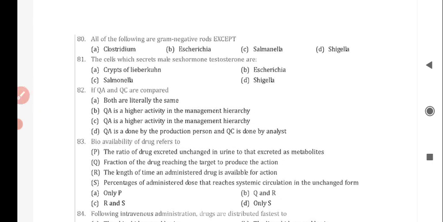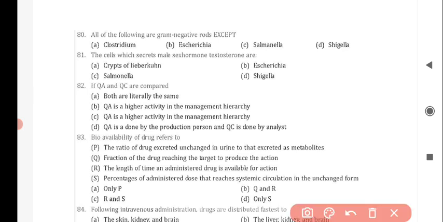Next question is, all of the following are gram-negative rods except, and the correct answer is option A, Clostridium. Next question is, the cells which secrete the male sex hormone testosterone are, and the correct answer is option B, that is Escherichia.